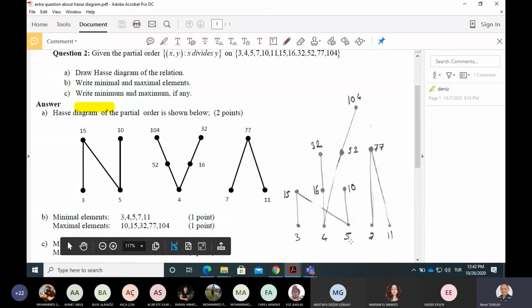But we know that none of them divides this. So we write the 11 here. Do you understand? This actually answers your question, my friend. Why we didn't write 11 here in the same level? Because these guys don't divide 11. So we write 11 here.